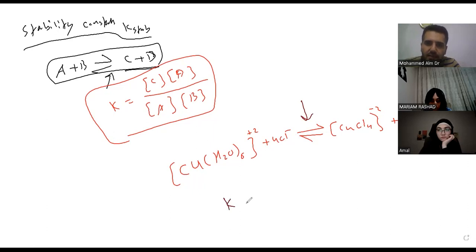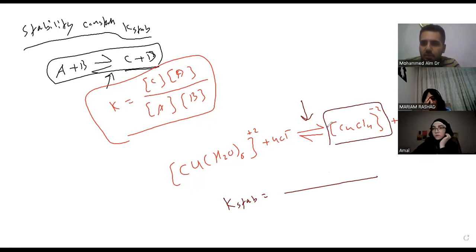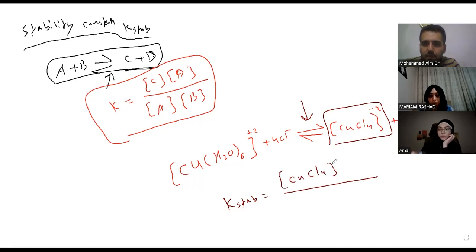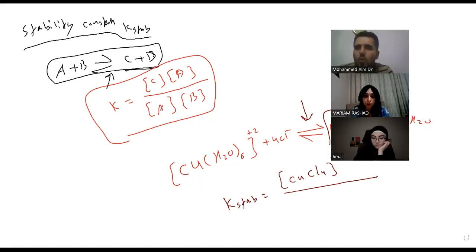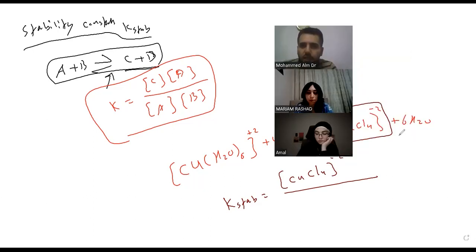So the K here is called Kstab. The Kstab, guys, will be the products over reactants. In the products, we have CuCl4 2-, right? Yes. Guys, look, whenever you have water, we don't include it in equilibrium at all.